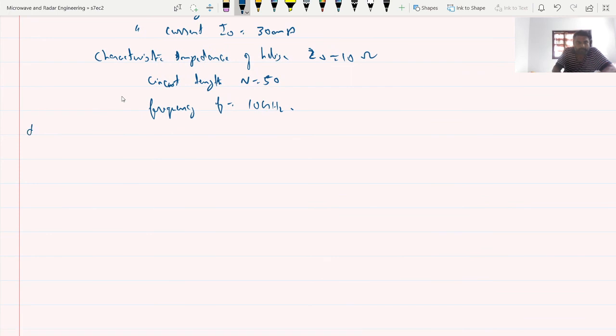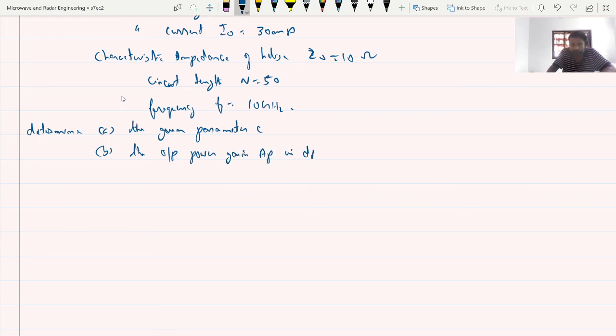Okay, you have to determine: A, the gain parameter C; B, the output power gain A_P in dB; and C, all four propagation constants.